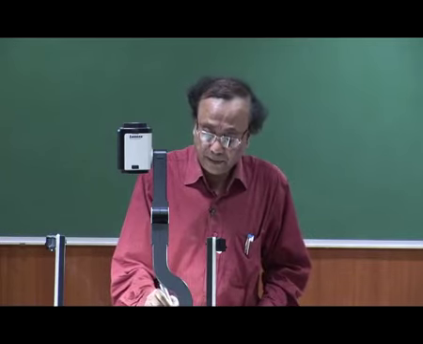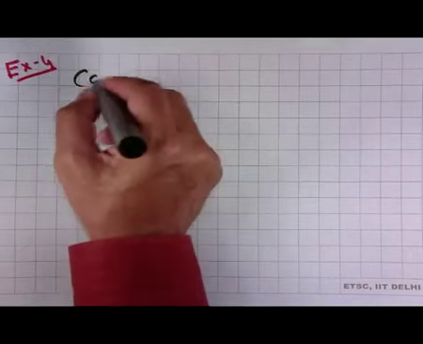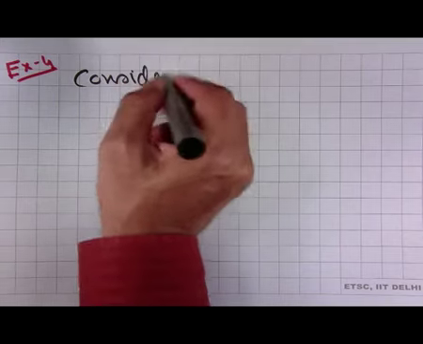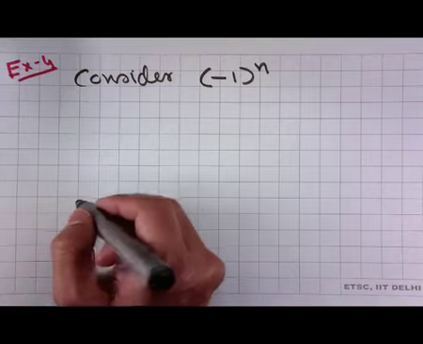A different type of example is the following. Consider minus 1 whole to the power n.